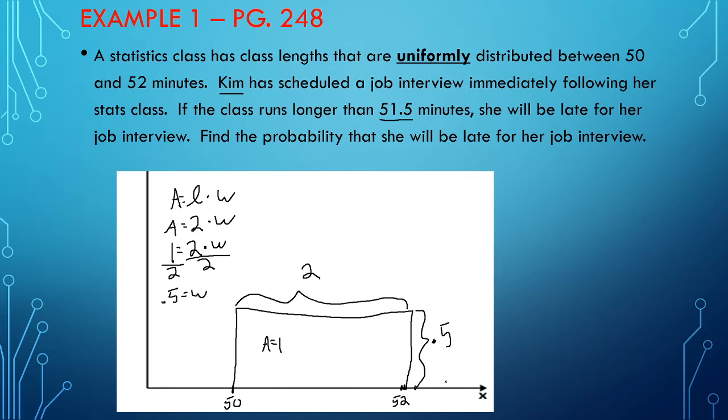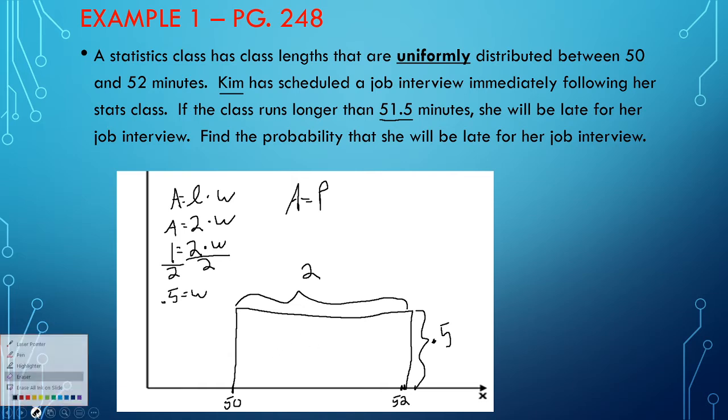Now I can actually figure out the answer to the question here, because remember, in a density curve, area is the same as probability. So I know that the area is 1. I'm going to write that here as a reminder. That means if I want the chance that it runs longer than 51.5 minutes, well, let's say right here is roughly 51.5 minutes.